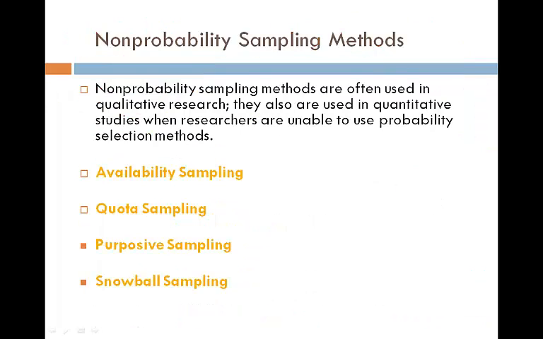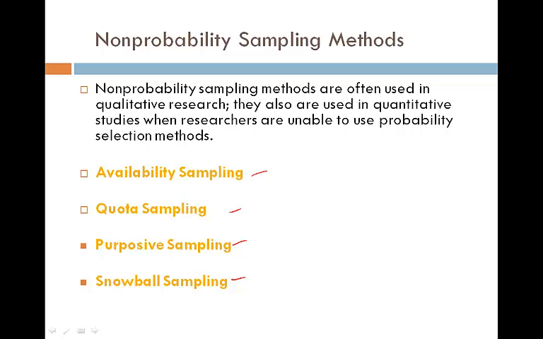Now we move from probability sampling to non-probability sampling. In non-probability sampling, we have these very popular four methods. They are availability sampling, which depends on the availability of the subjects or objects. Quota sampling, where we follow a certain quota to select subjects.